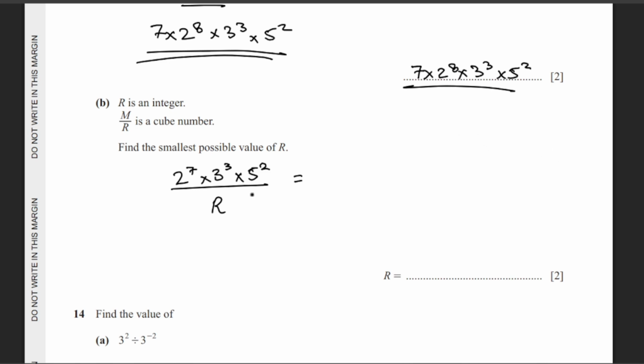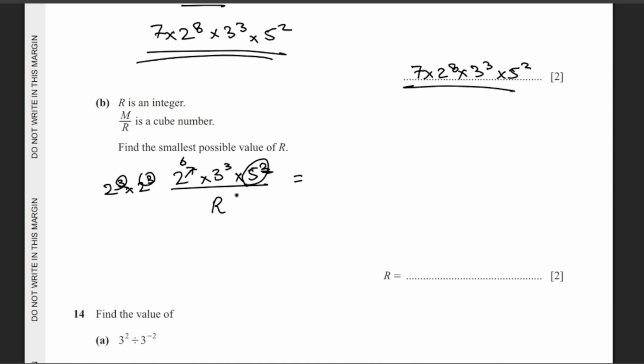So what we need to do now is get it into that format by eliminating whatever is extra. If we eliminate 1 from this, we would get 2 to the power of 6, which is basically 2 to the power 3 times 2 to the power 3. We have maintained that rule. And same over here, 5 squared. There's no way to add 1 into that; we can't add a number into that index.